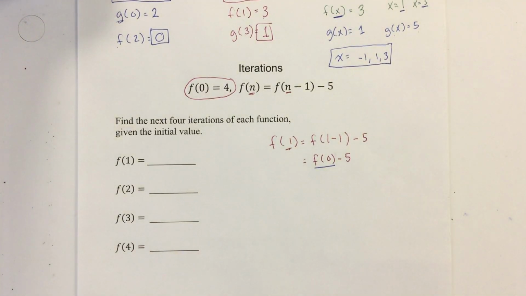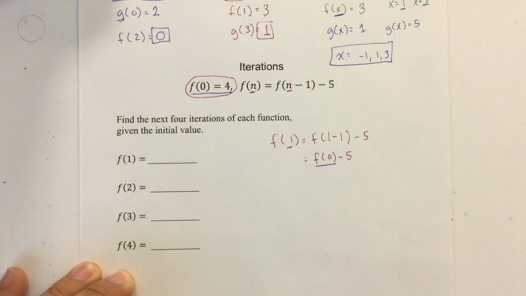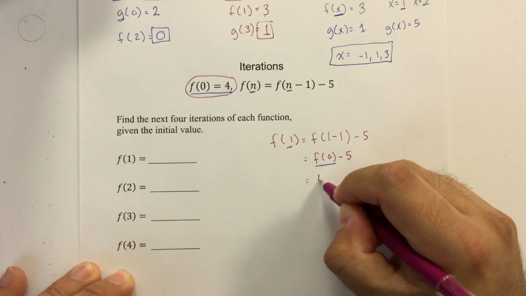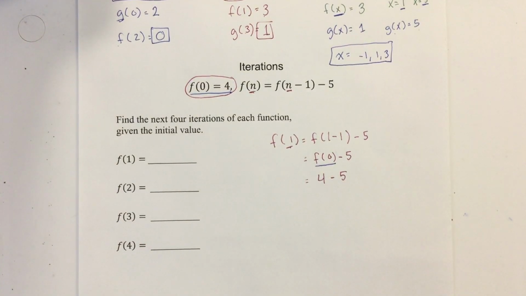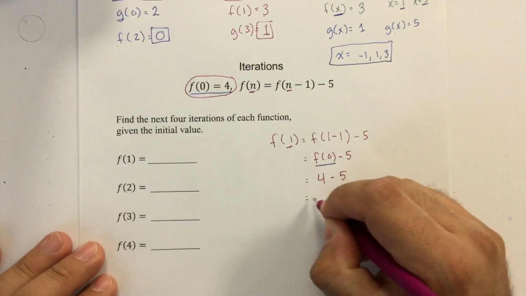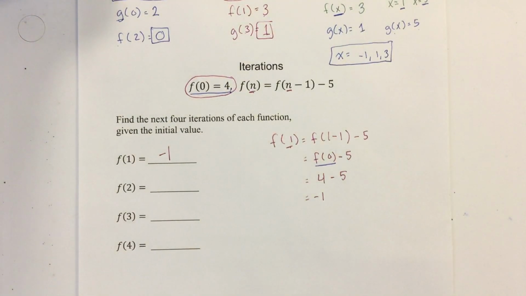Who can tell me what the value of f of 0 is? 4. How'd you get that? Because right here, f of 0 equals 4. So what we're actually going to do is change this to 4 minus 5. And what's 4 minus 5? So my first answer is -1.